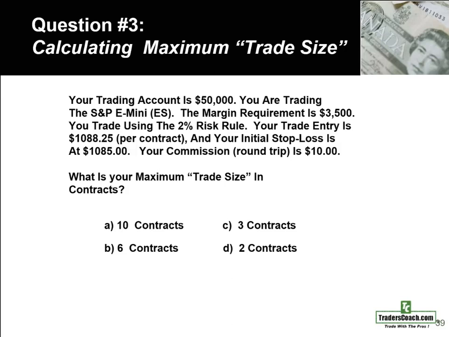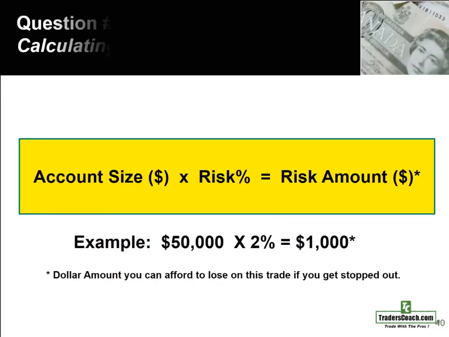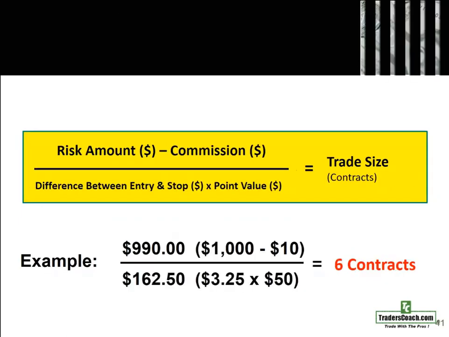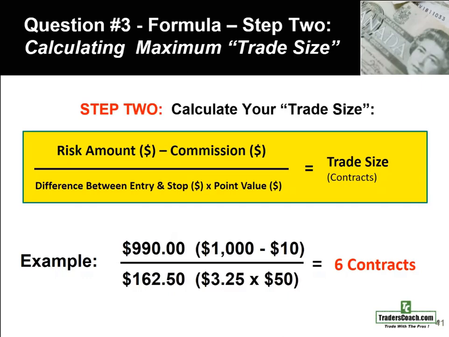So let's go to our formulas first. All right, again, 50,000 at 2%, pretty easy, right? 1,000. The only thing we're going to add in with the futures contract is the point value, because we got to calibrate this thing for the futures market. So if you're trading a different E-mini or different futures market, the tick values, the point value is going to be different.